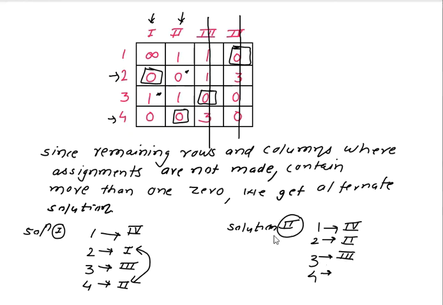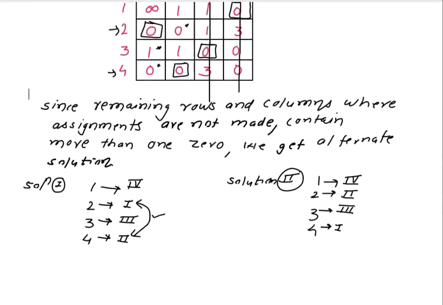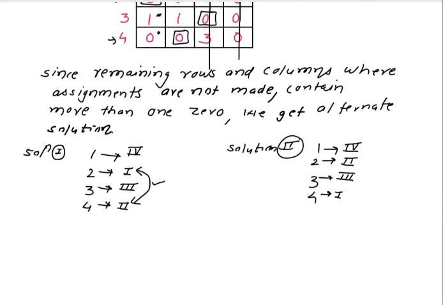We will assign third job to third clerk. Now for the fourth clerk, we will use job number 1. So we have interchanged these two. So in this way we can have two solutions with the same assignment cost.